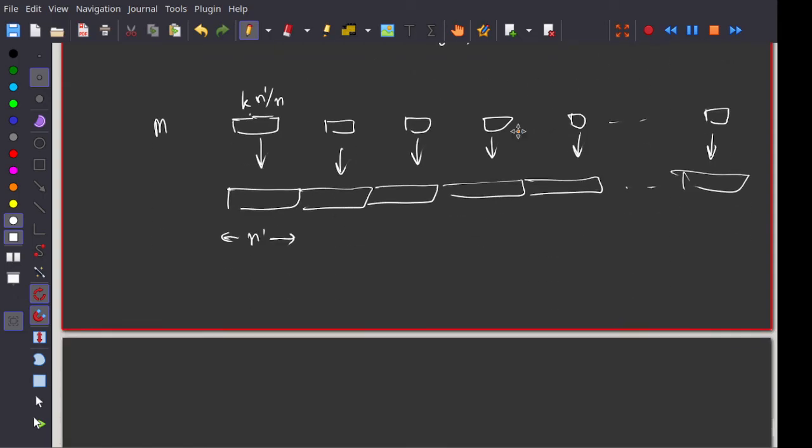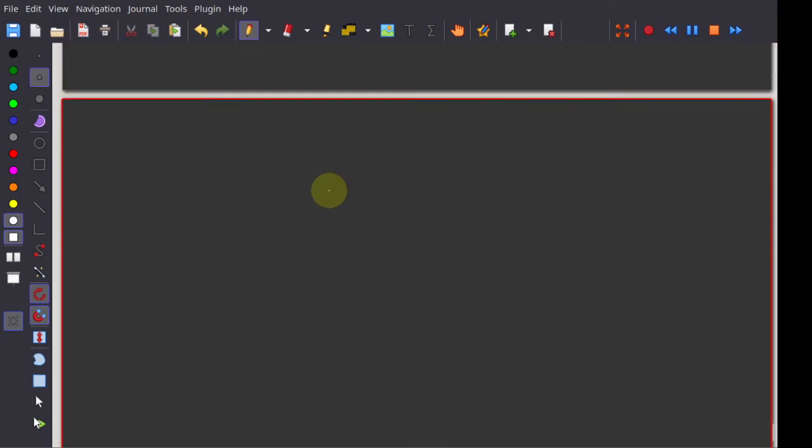So let us look at the following architecture. I have the message bits, which consists of k bits.